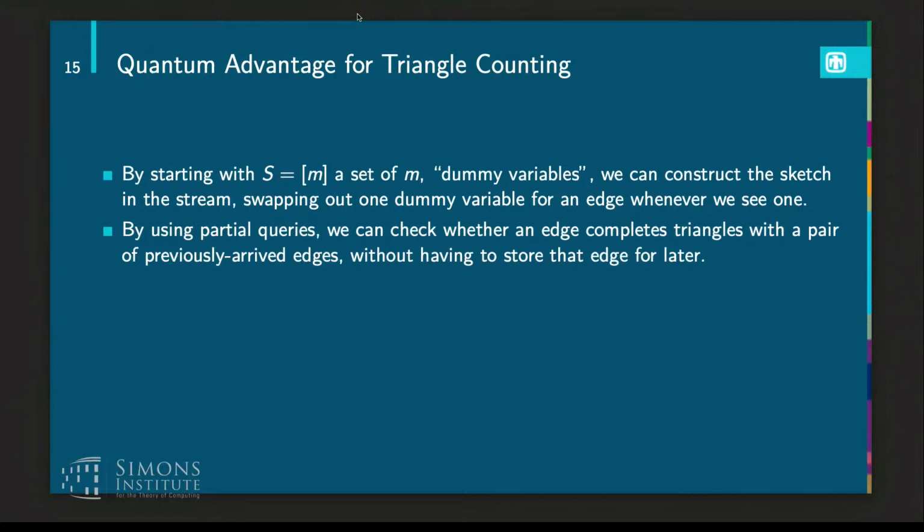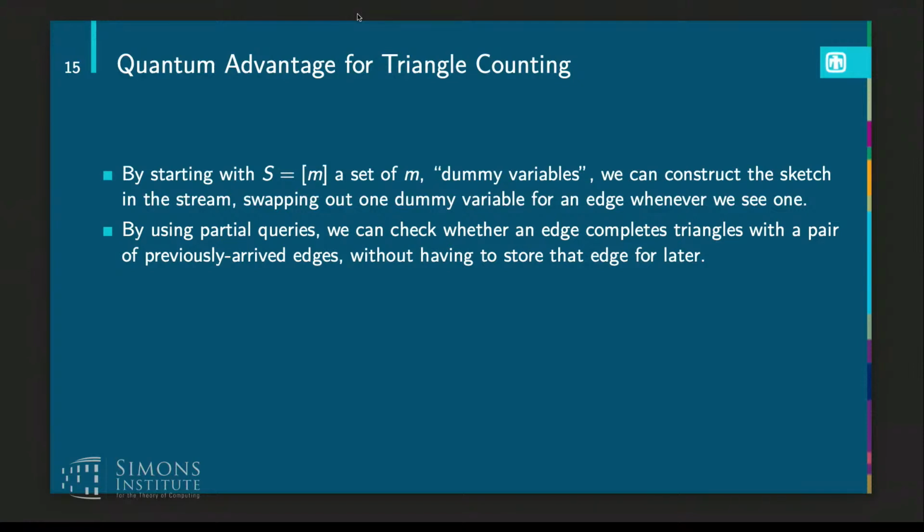By using partial queries, we can then query this sketch for triangles one edge at a time. So every time you see an edge, you're going to query the sketch and ask it, does this edge complete any triangles with the input that we've seen so far?